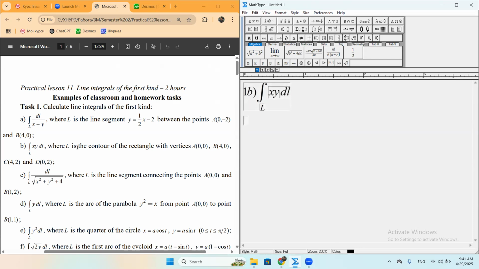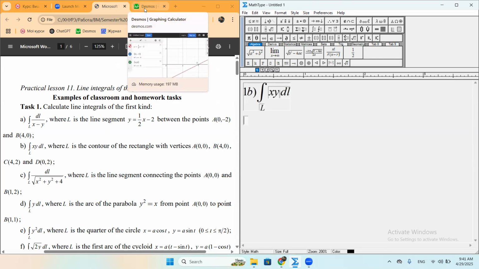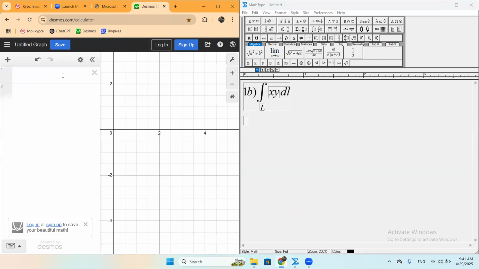As we can see, L is the contour of a rectangle with the vertices A, B, C, and D. So let's plot this rectangle, with vertices 4, 2 and 0, 2.